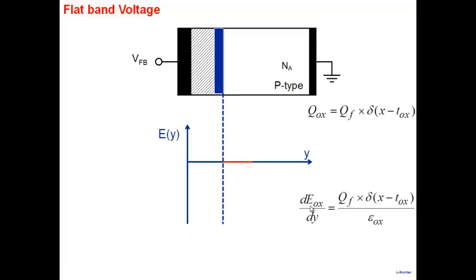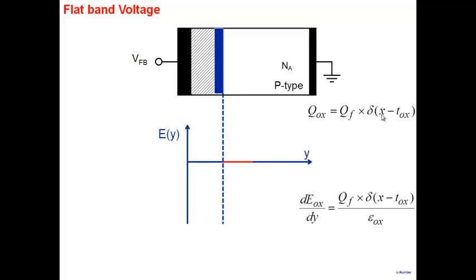See, this is the equation, Poisson's equation, dE oxide by dy equal to the charge, right? The charge is here, divided by epsilon oxide. Is that equation correct? Note that this charge is per centimeter square, and this gives you another 1 by centimeter.